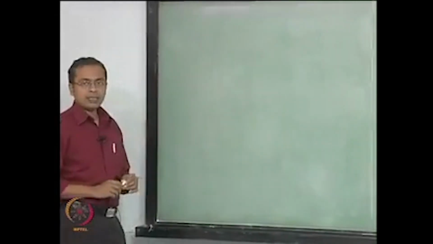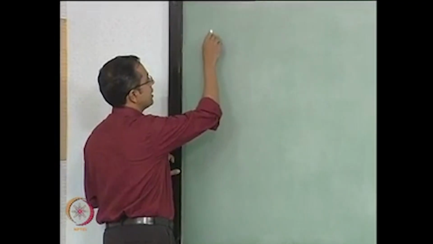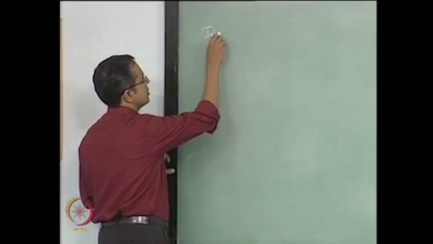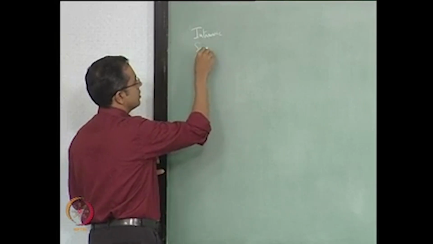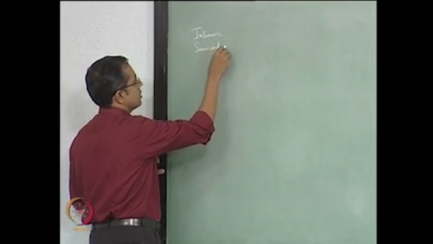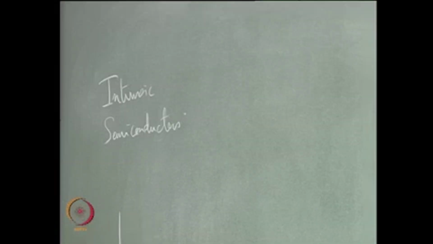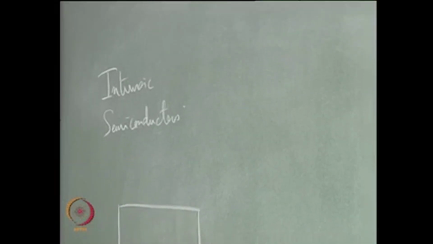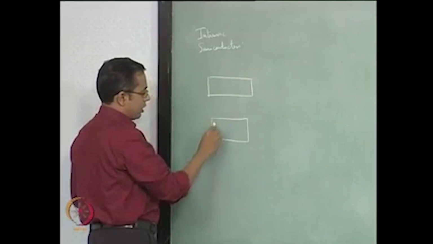Now in this context I also want to point out something about intrinsic semiconductors, in terms of what we have already discussed. I pointed this out towards the end of last class.